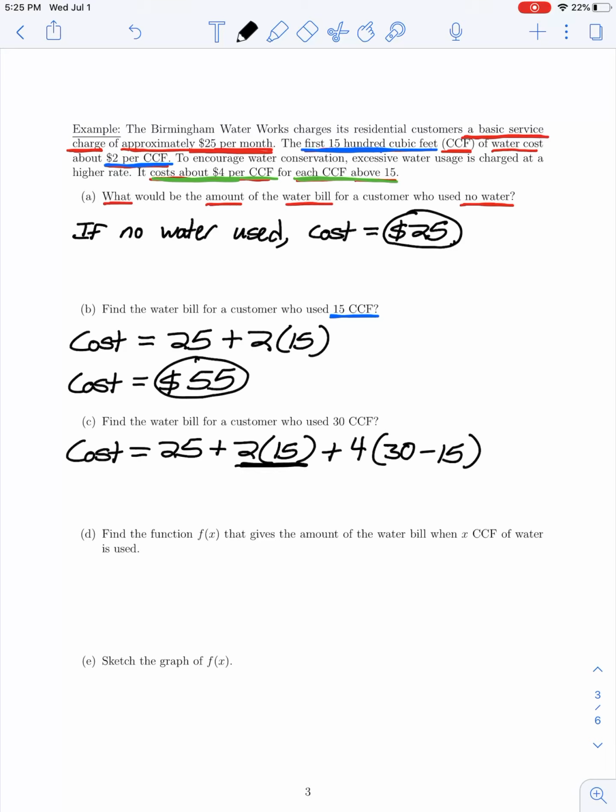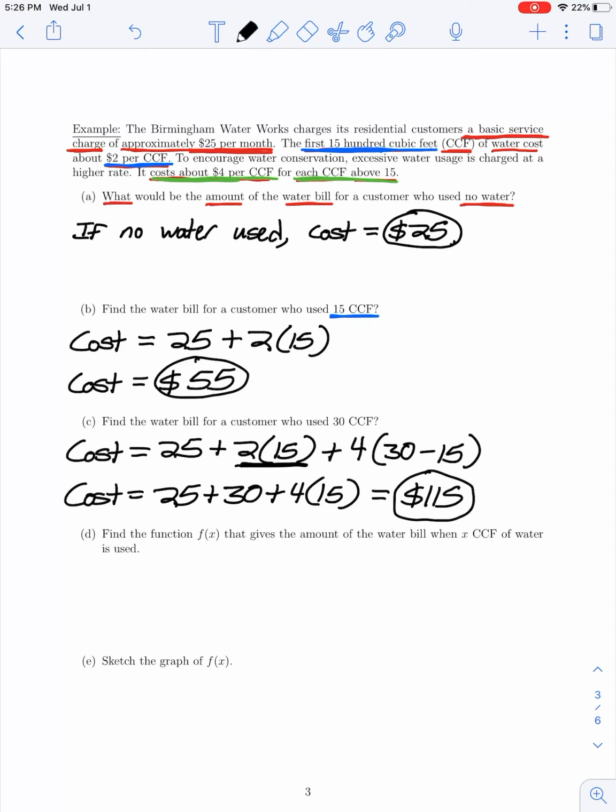So we're left with, for our cost, the initial $25 plus our $2 per 100 cubic feet times the initial 15, which would be 30, which gives us the $55 cost that we had in part B. And then plus $4 per 100 cubic feet times the 15 that we went over the first 1,500 cubic feet. So here we would have 55 plus 60, which leaves us with $115 for the cost.